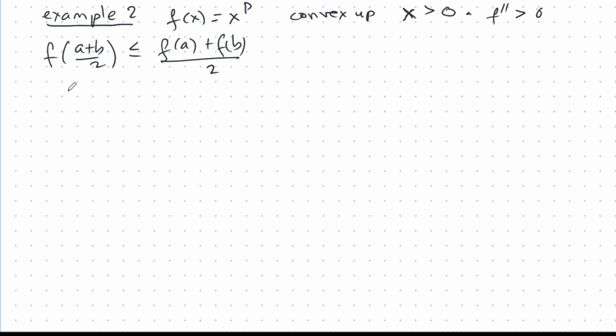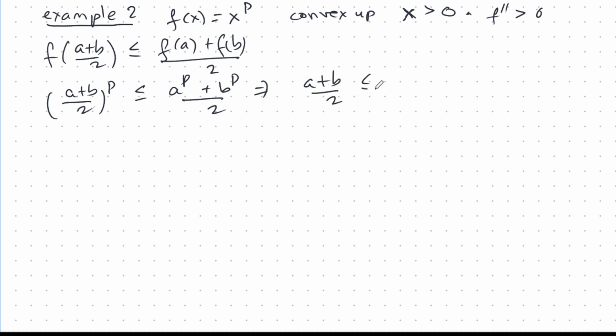Okay, so this is (a plus b over 2) to the power p, and that's less than or equal to (a to the power p plus b to the power p) over 2. And now I take the pth root of both sides. I get this: ((a^p plus b^p) over 2) to the power 1 over p.